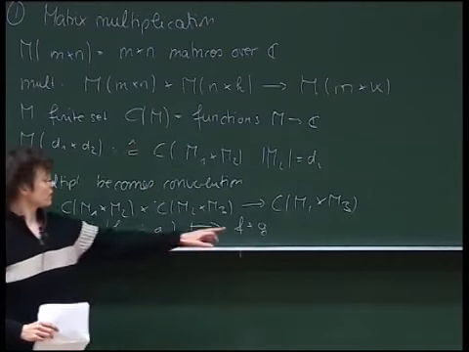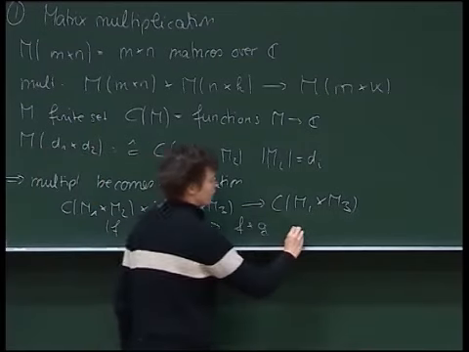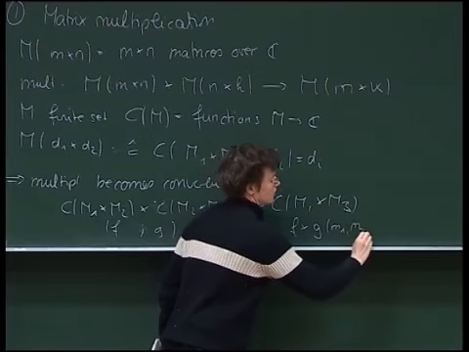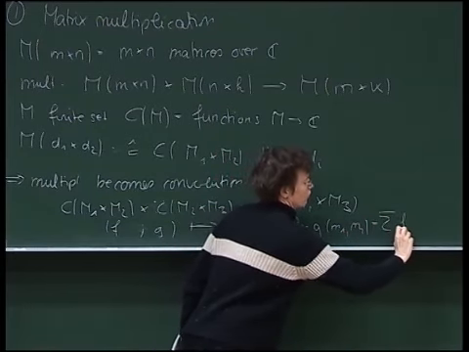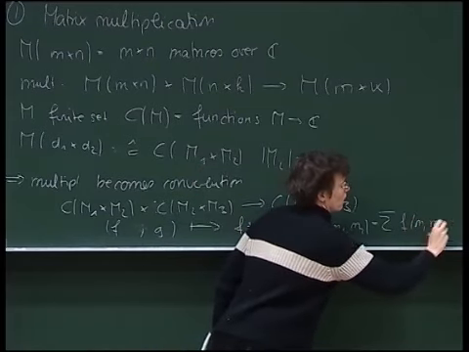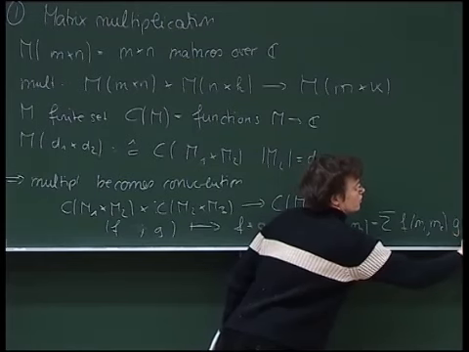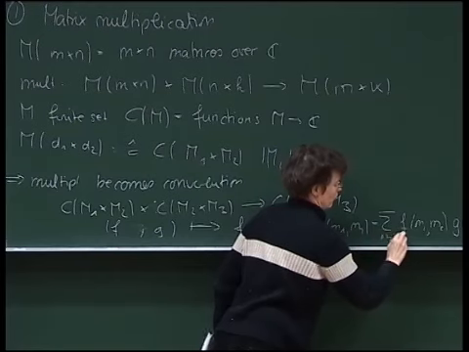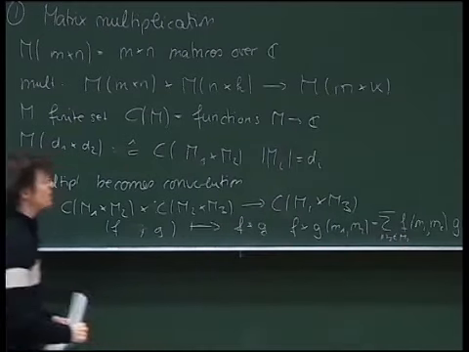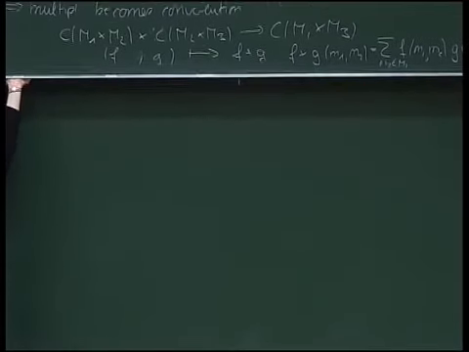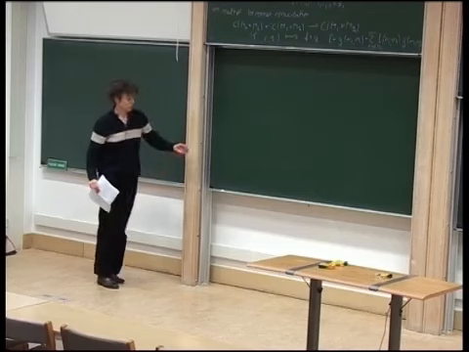So f star g is by definition, on (m1, m3), the sum of f(m1, m2) and g(m2, m3), and I sum over all elements m2 in M2. So this is very easy, and this is the basic example of a convolution structure.